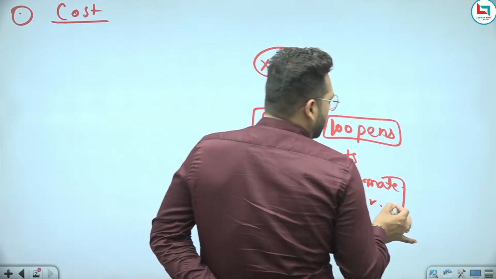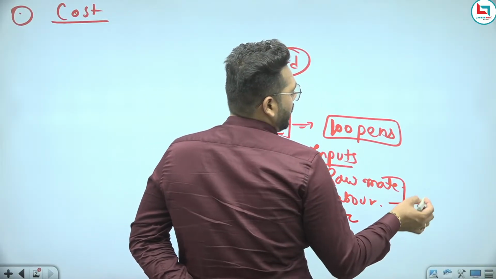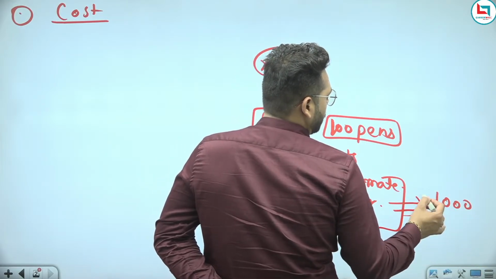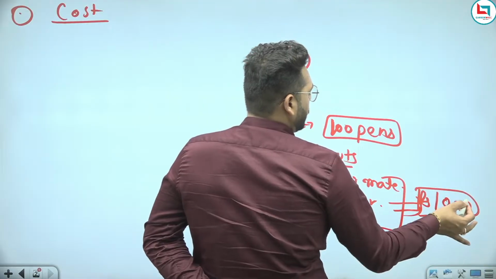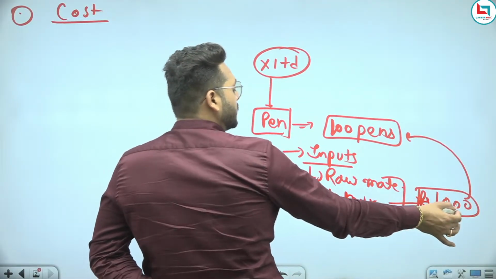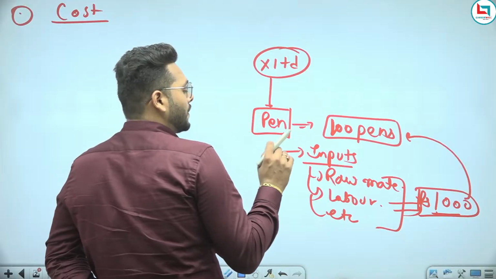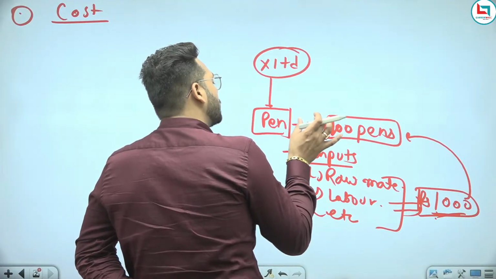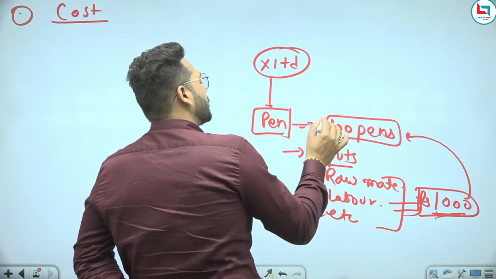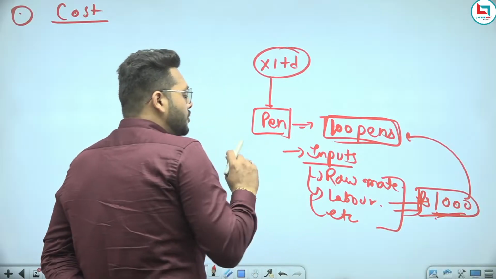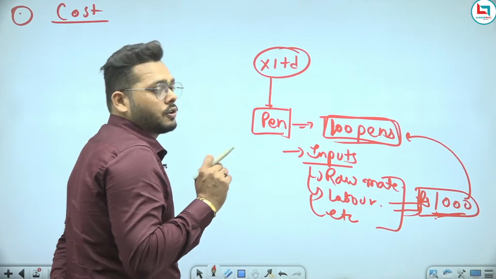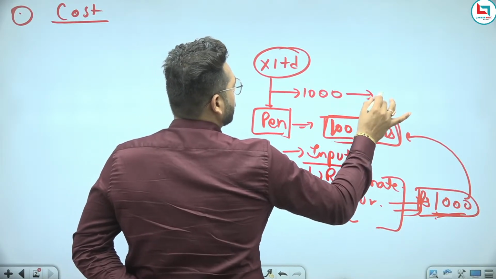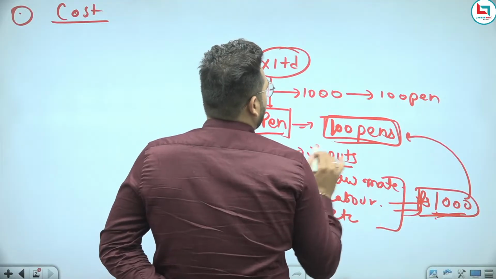Let's say you have spent 1000 rupees for the production of 100 pens. Whatever amount is incurred on the production of output is known as cost.